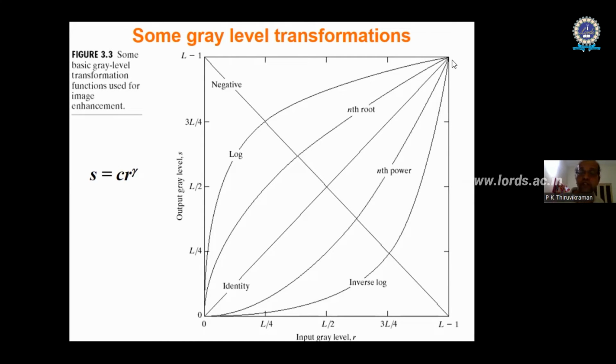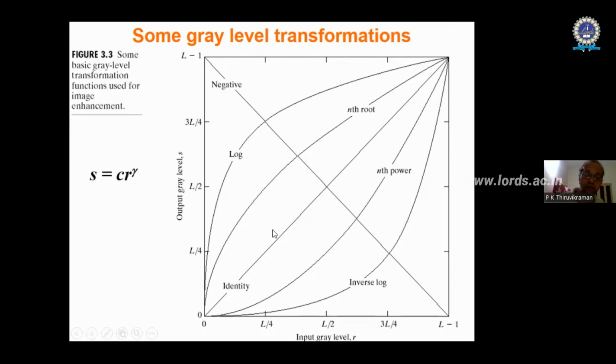But 255 should get mapped to 255 because I don't want to increase the number of levels. So C is calculated. I won't go into the calculation. All you have to do is put R equal to 255, and whatever gamma you choose, S should also be equal to 255. From this equation you can determine the value of C. Obviously, the value of C depends on the gamma you are choosing.